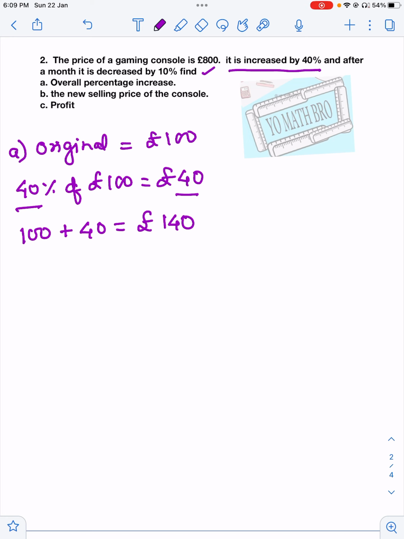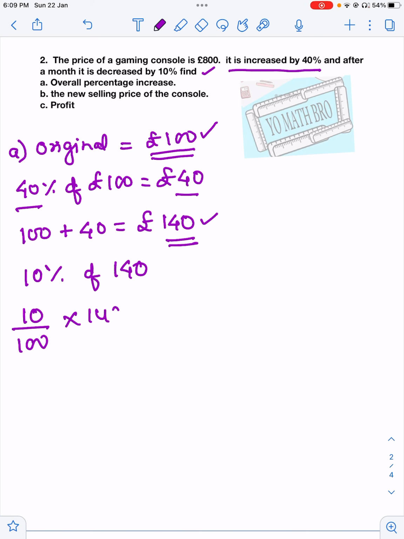So now my price is not £100, it is 140, my dear students. Many students commit the mistake of subtracting 10% from 100, which is not the case. Actually, it is 140 now. So I find 10% of 140, which gives me 10 divided by 100 into 140.